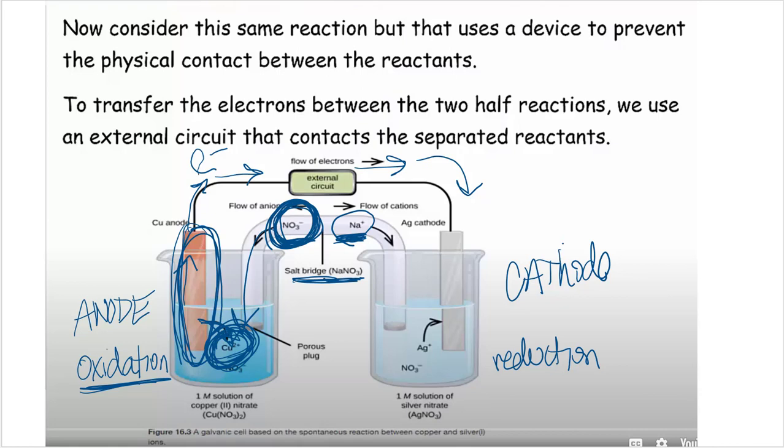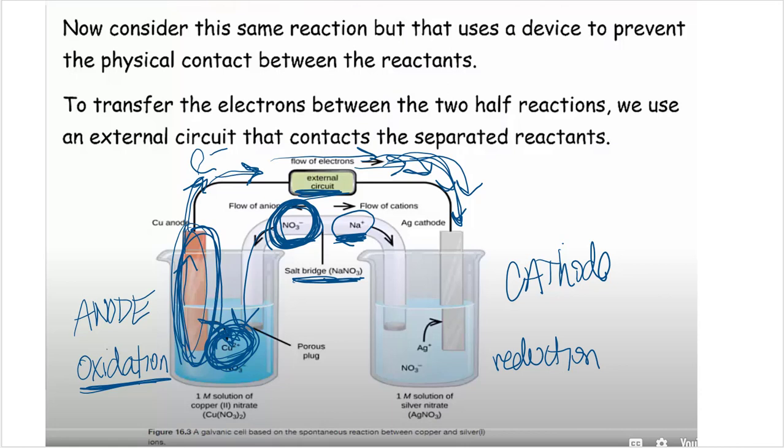So now let's turn our attention over to the right side, the cathode, which is our site where reduction is occurring. And we know that electrons are being gained. Notice that the electrons are coming into solution. Remember, we have electrons flowing out of our anode. We can see our flow of electrons here in this external circuit. And the electrons are flowing into solution. Therefore, they're being gained.